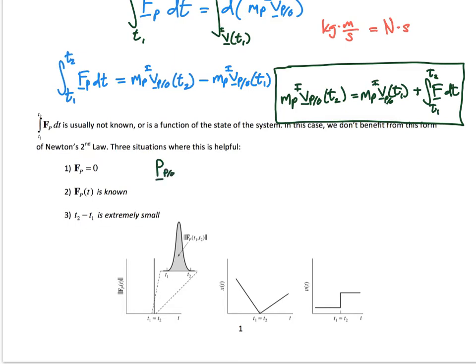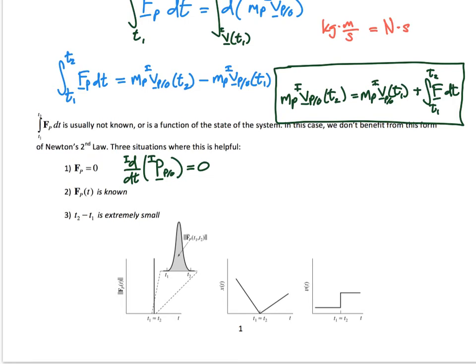So P of p with respect to O, this vector as observed in the inertial reference frame, its time derivative is equal to 0. So it's not changing. And so what this means is keep your eyes out for problems in which the external forces aren't changing. And when you notice that, then this is a great form to use because it cuts out solving the differential equation.